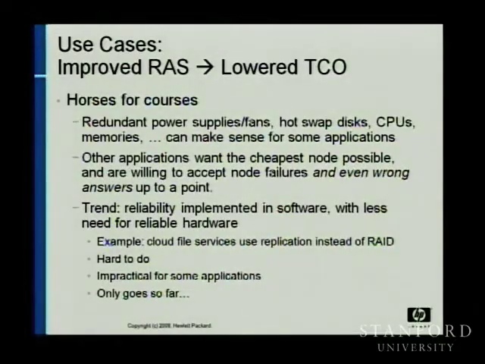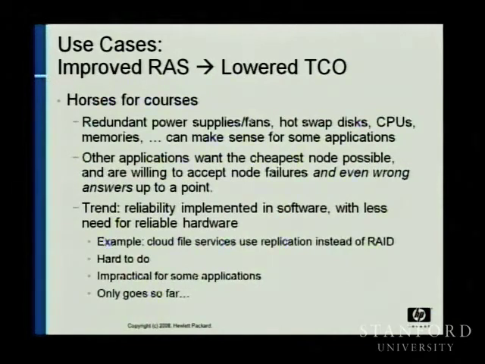So the trend is that, the same way that folks figured out how to parallelize their applications so they didn't need big, 64 socket servers anymore, and they could do more with clusters of 2-socket servers, folks are also figuring out that they can save money if they can use less expensive, less reliable hardware. And if your application's amenable to it, that's something that they're willing to do.